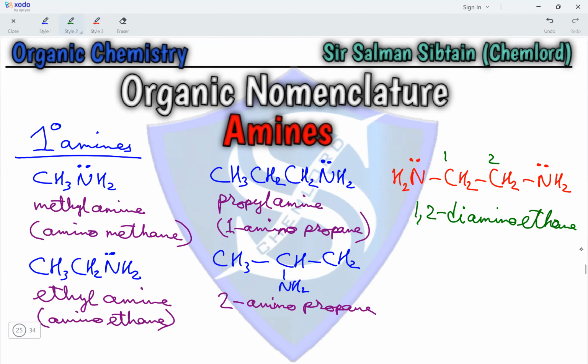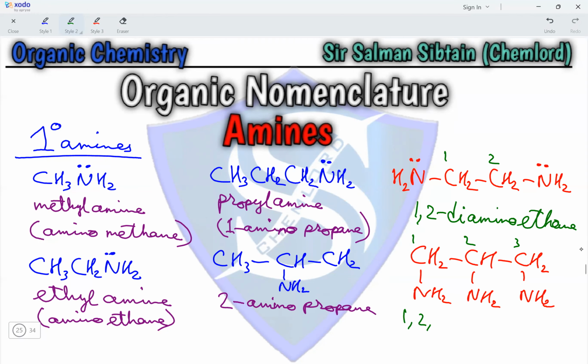And likewise, if all three of the carbon atoms present in propane, CH2, CH, CH2, have one NH2 group on each of them, then the compound would be labeled 1,2,3-triaminopropane.